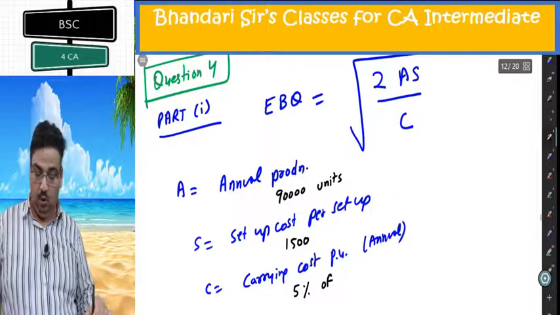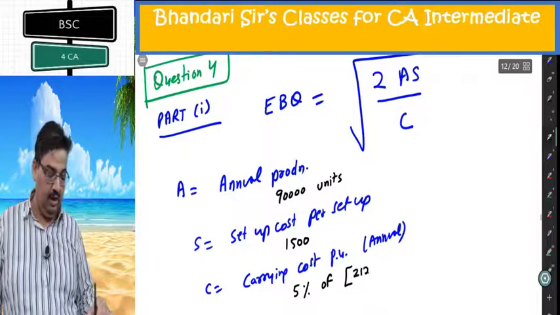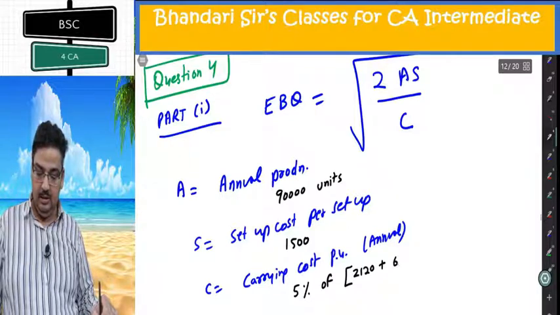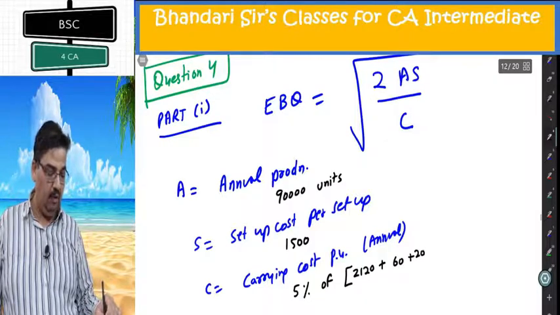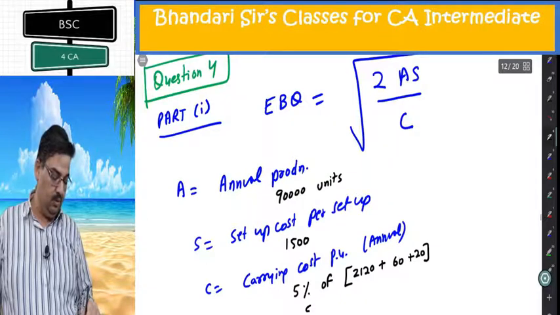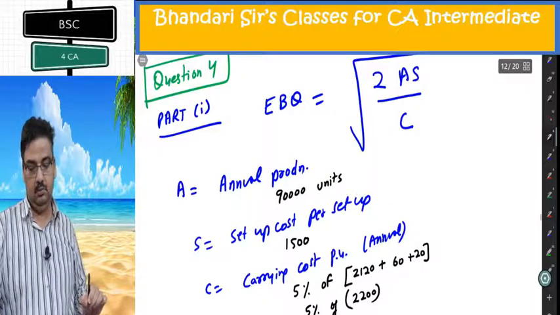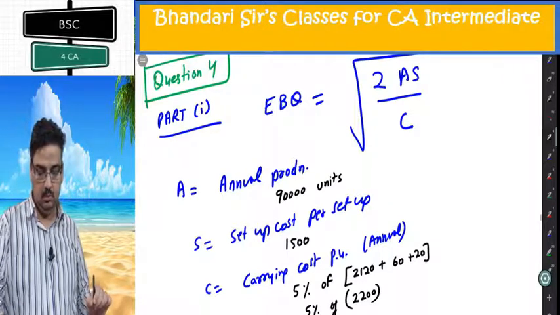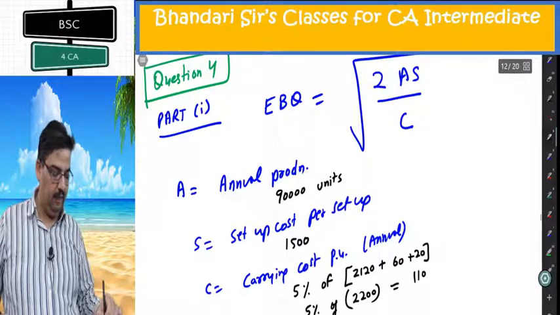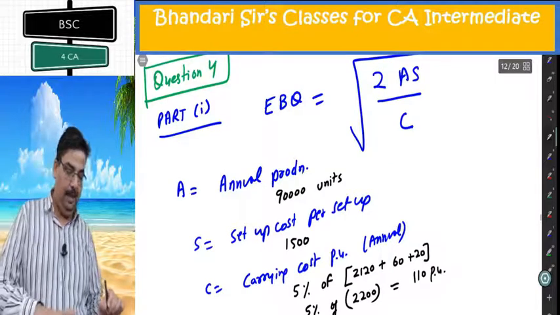5% of cost per unit, which is 2120 material, 60 labor, 20 fixed overheads. So 5% of 2200, 110 per unit. Apply in the formula.